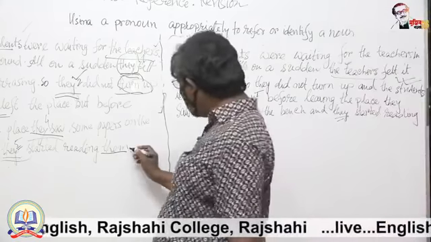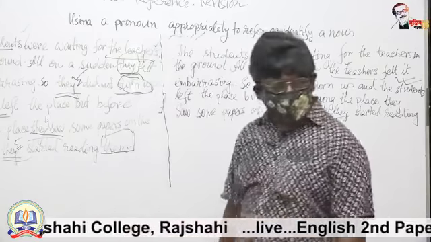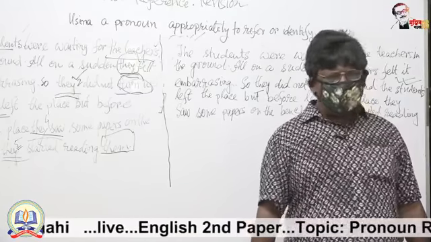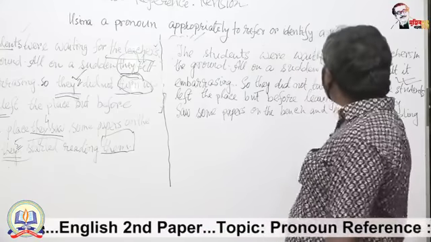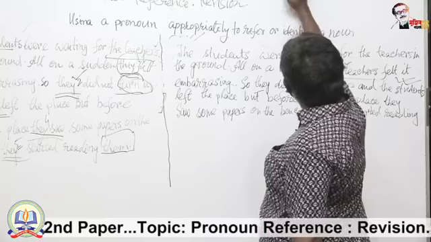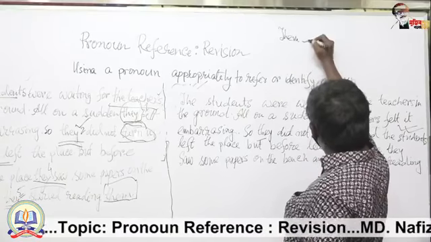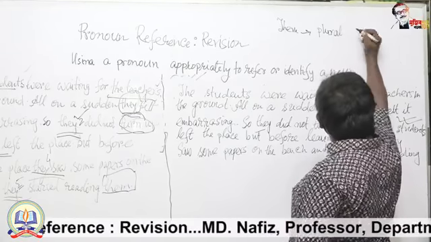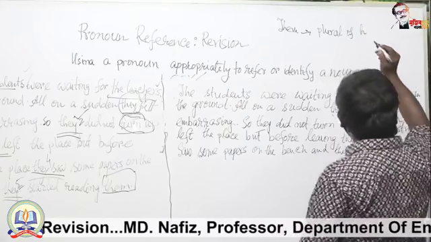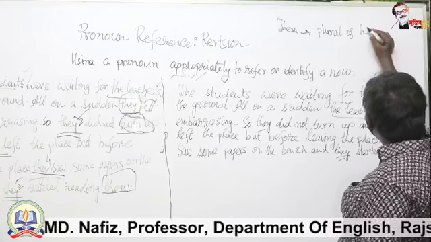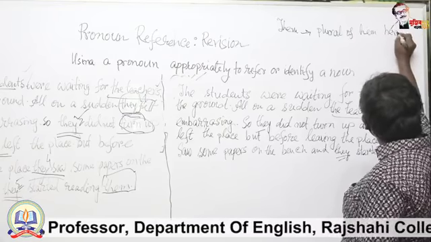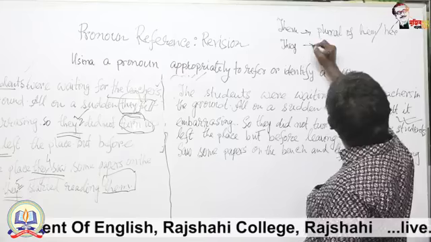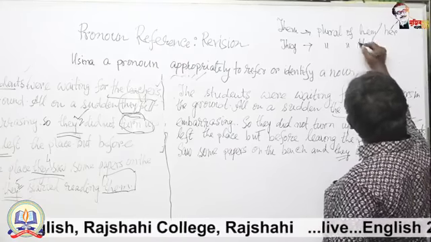Well, this "them", in a very innocent eye, you may think that "them" has been used properly, but you see, "them" is the plural form of him or her, as "they" is the plural of he or she.